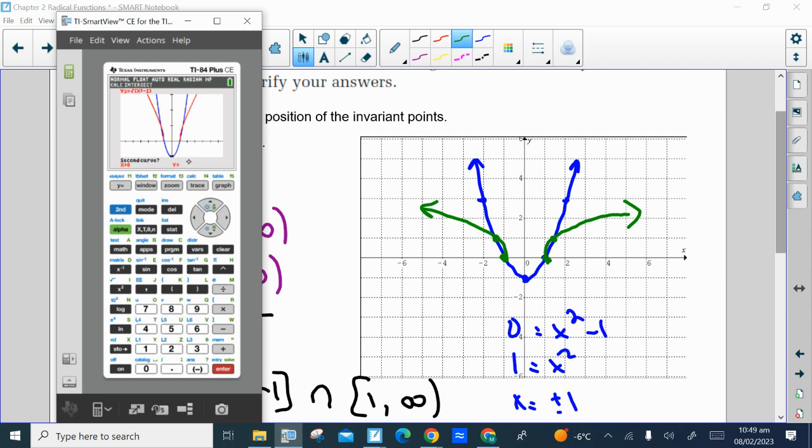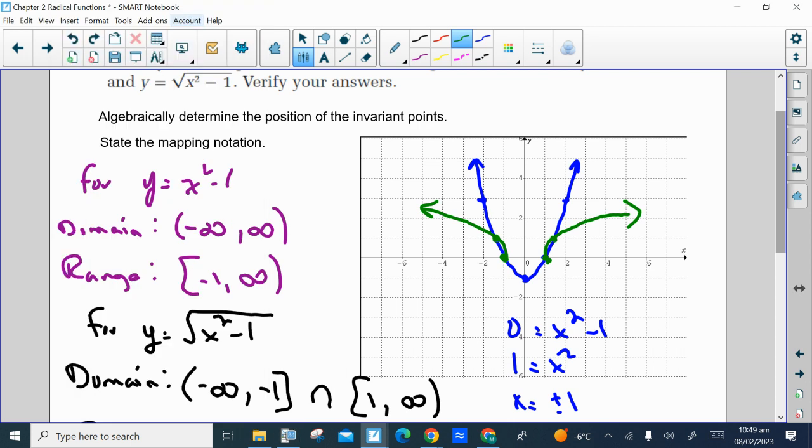It's only valid when x is greater than 1 or less than -1. So I'm going to have to move over until I start to see a y value. There we go. And it gives x equaling 1.414, which remember is the root of 2. Okay. So we can use the graphing calculator to confirm that our graph is correct.